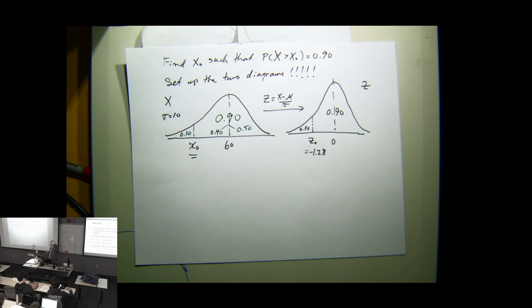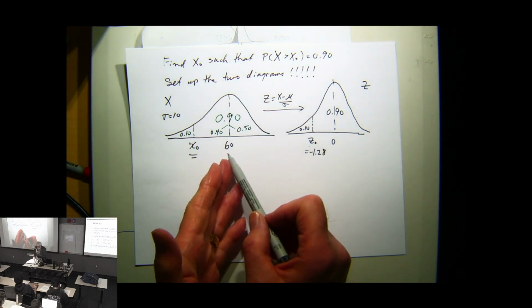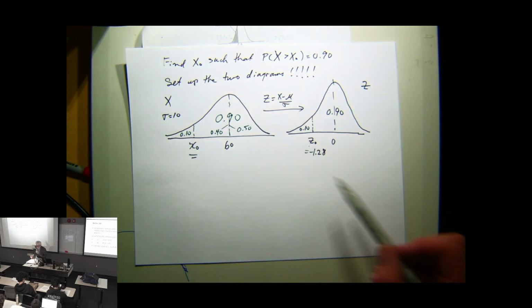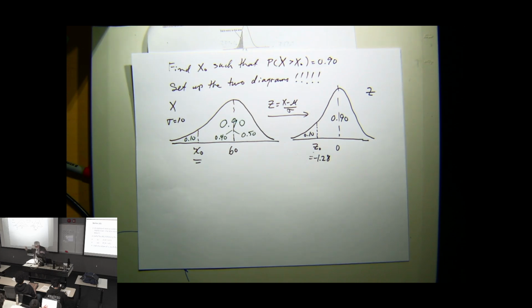Okay? Everybody good up to that spot? Let me just check that everybody's good where I got that negative 1.28 from. And again, it's absolutely critical that you recognize that, because the X naught is to the left of the mean, the Z naught that corresponds to X naught is going to be negative.